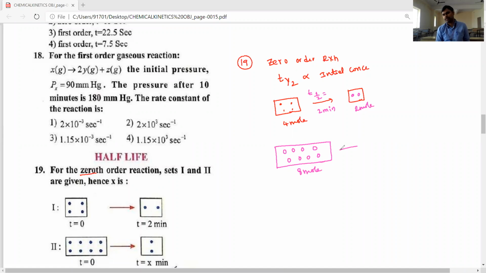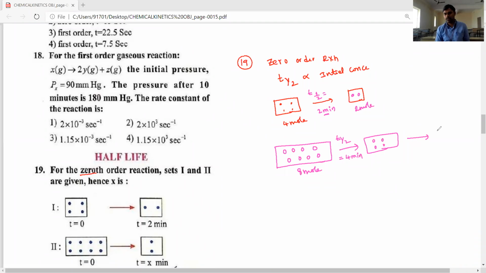How much time is required? First, 8 moles are converted into 4 moles, which is half. For example, 4 converted into 2 takes 2 minutes, so 8 moles converted into 4 moles requires T half equal to 4 minutes.